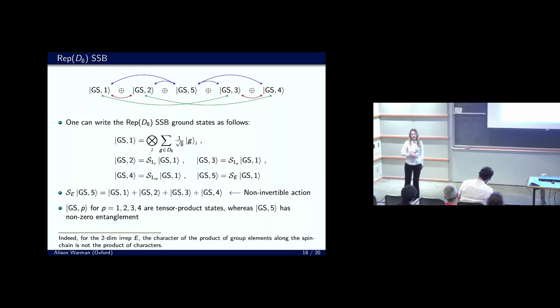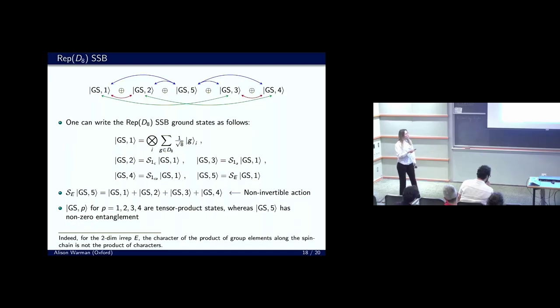It has non-trivial entanglement. And this is because for the one-dimensional irreps, what happens is the symmetry operator picks out basically the character of the group element, so the trace of the group element in that representation, where the group element is given by the product along the circle.